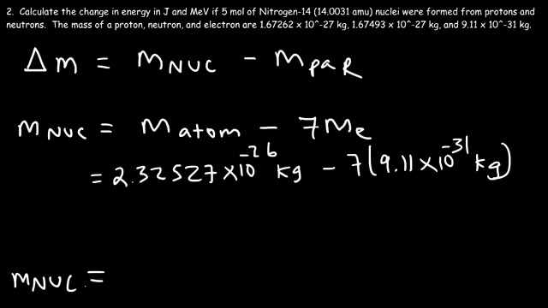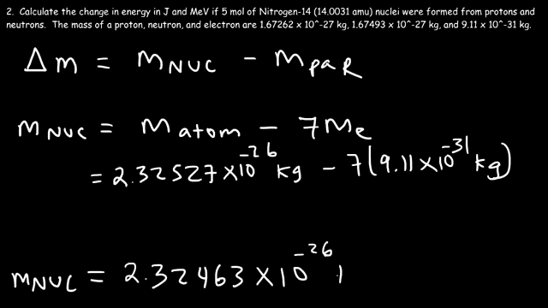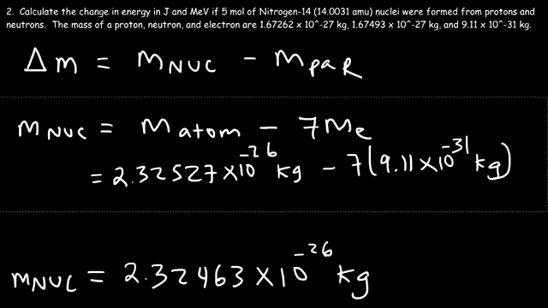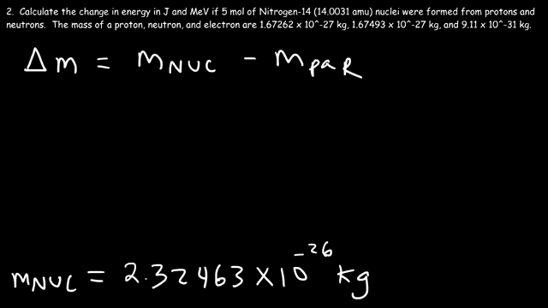So let's go ahead and plug that in. So you should get 2.3246 times 10 to the negative 26 kilograms. So now we need to calculate the mass of the subatomic particles in the nucleus.